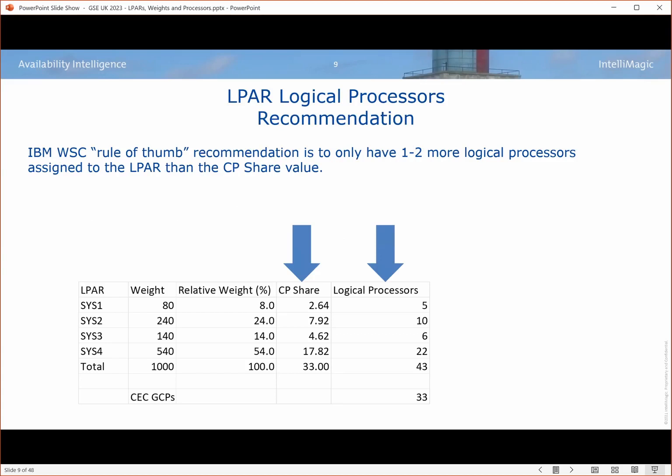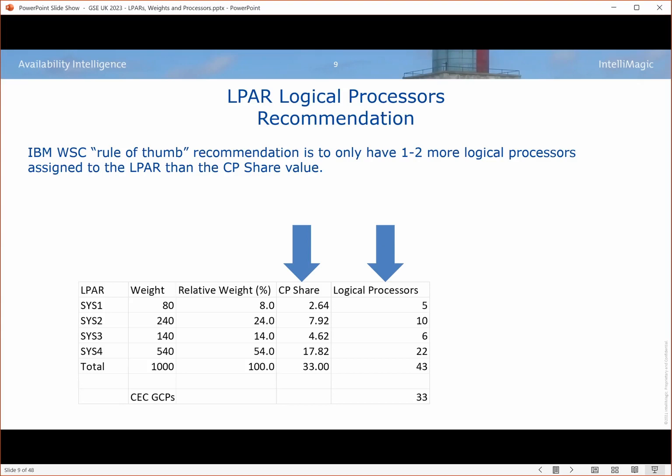So there is a recommendation from the Washington System Center that the number of logical processes you define to your LPAR is 1 or 2 more than the CP share. Okay, so you can see here that the calculated value, column 4, CP share, is less than the logical processor value, column 5, that I've assigned, 5.